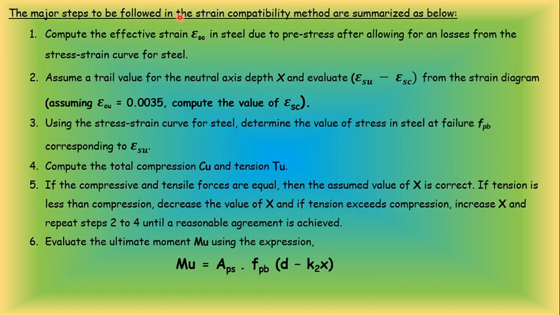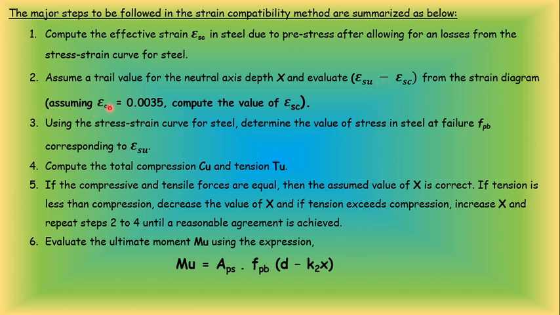The major steps to be followed in the strain compatibility method are as follows. First, compute the effective strain epsilon SC in steel due to prestress after allowing for losses, from the stress strain curve for steel. Second, assume a trial value for the neutral axis depth x and evaluate epsilon SU minus epsilon SC from the strain diagram.